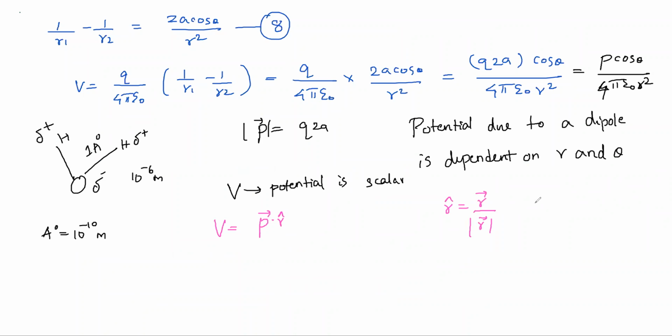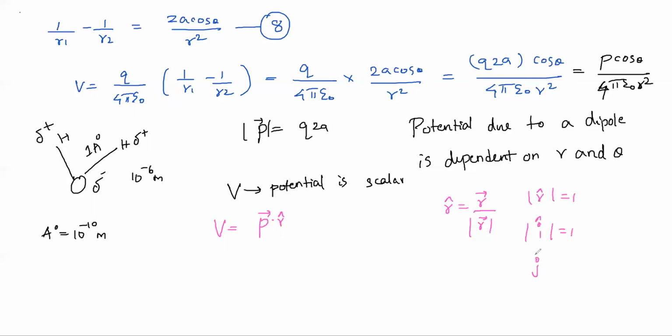Remember, all unit vectors in vector algebra give you the direction. That's why the magnitude is 1. If you want to specify a direction, you put a unit vector. In the XYZ Cartesian coordinate system, if you want to show a direction along the x-axis, you put i cap. The magnitude of i cap is 1.